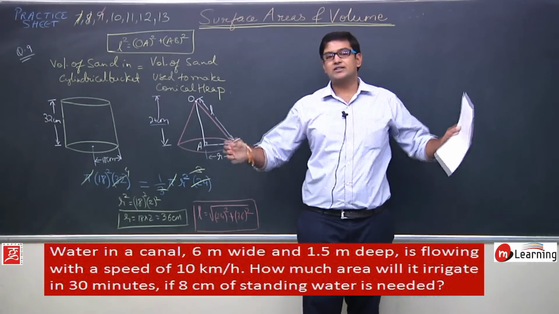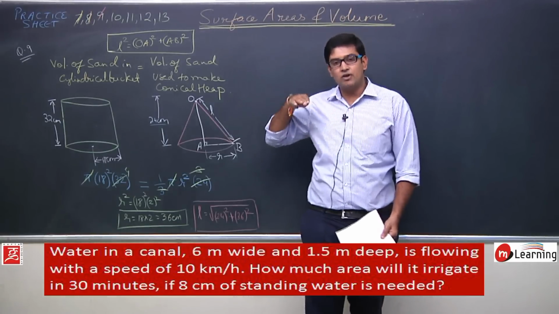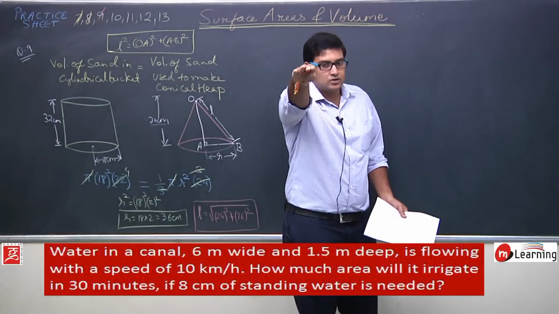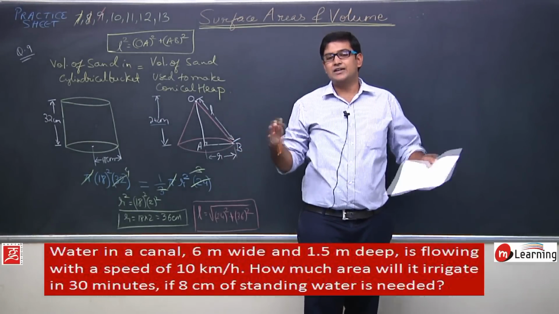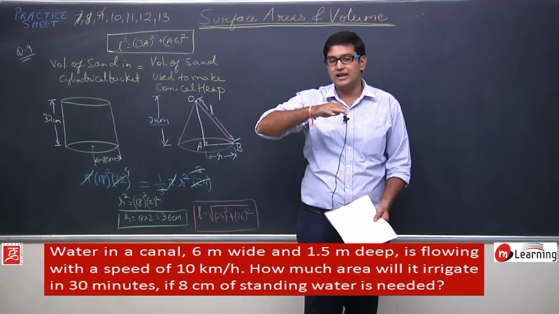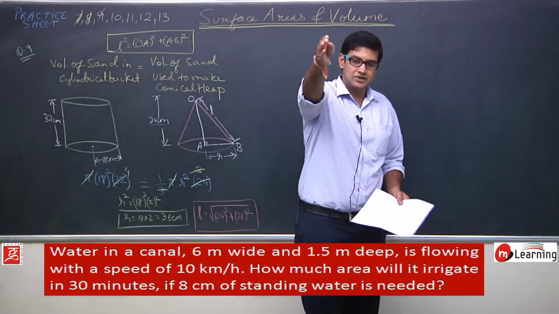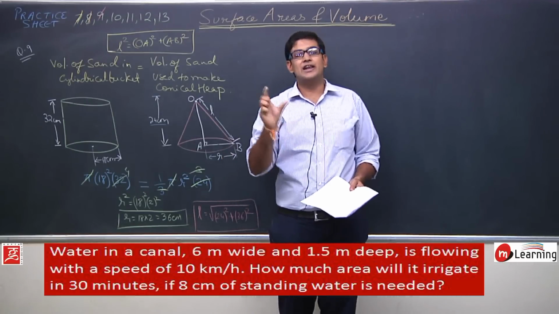What does it mean? This is the width, this is the height or depth of the canal, and water is flowing like this. So this is 6 meter wide, this is 1.5 meter, which is the depth or height of the canal, and since water is flowing like this, the shape of the water in the canal is a cuboidal shape.